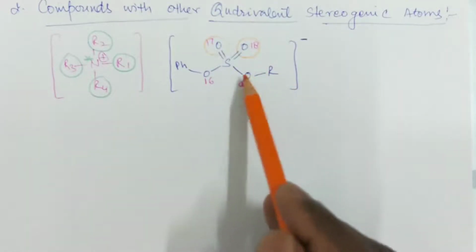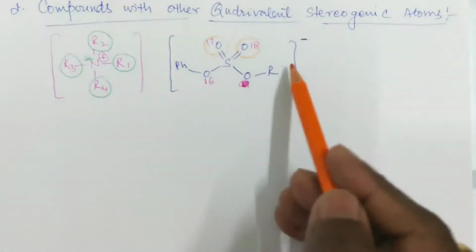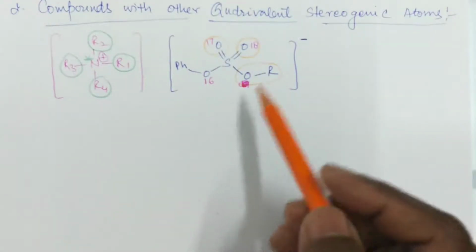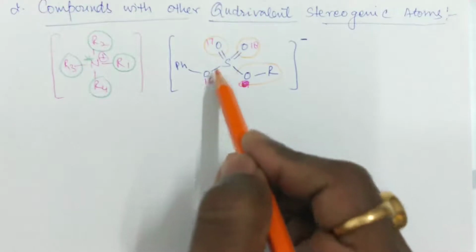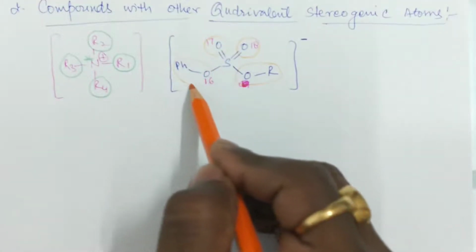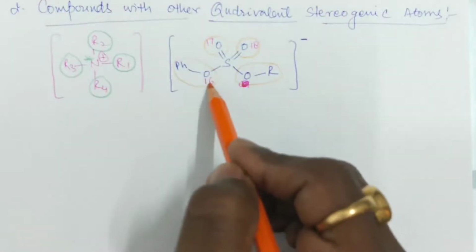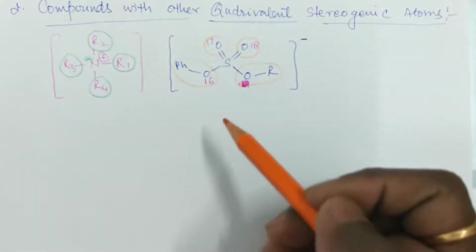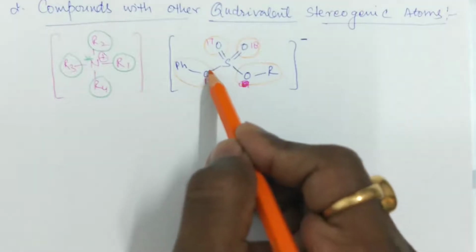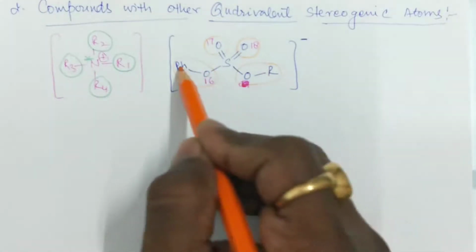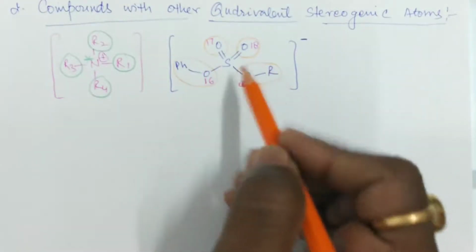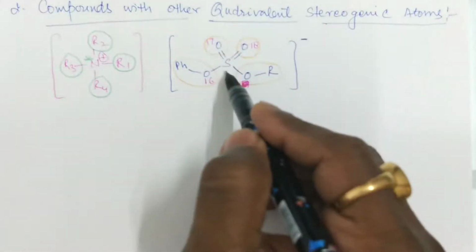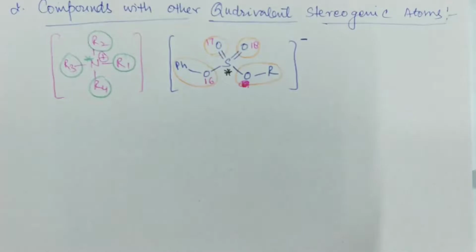Here this is an OR group with the normal isotope 16, and in default there is no need to write the 16. But these two groups, PHO and RO, are different. So definitely this sulfur is treated as a stereogenic atom.